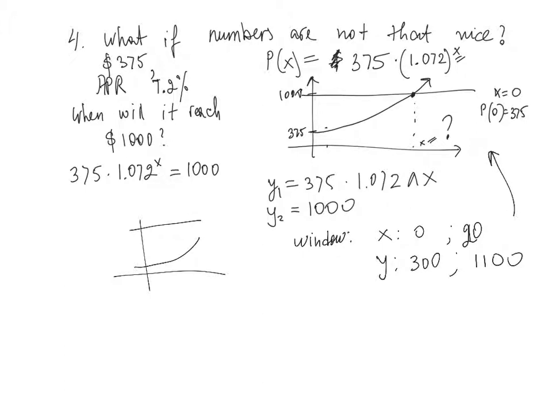And you know what to expect. This is why such a sketch can be very helpful. And then, rather than tracing to find this intersection, I would recommend to use the intersect feature in the calc menu, which I hope you know. If not, please ask. I'm not talking about this in this video. Okay.